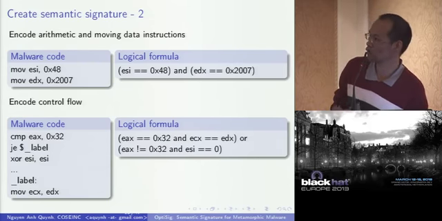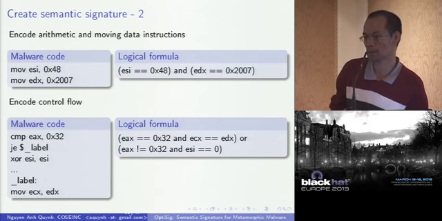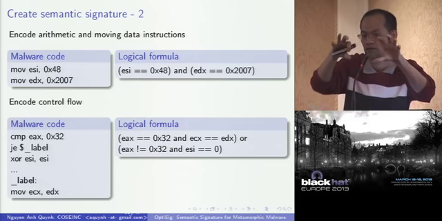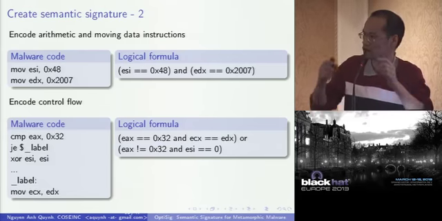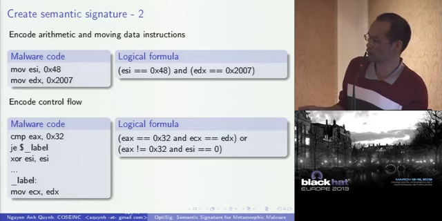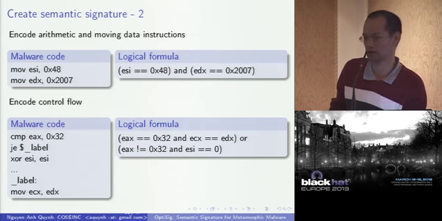In case the code contains control flow, we break the code down into a control flow graph with basic blocks inside, and we follow the control flow. For example, here we compare EAX to 32. If EAX is 32, we jump here and copy EDX to ECX. Otherwise, we set ESI to 0.